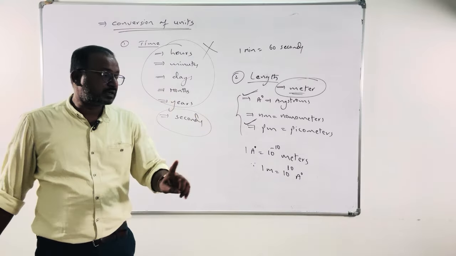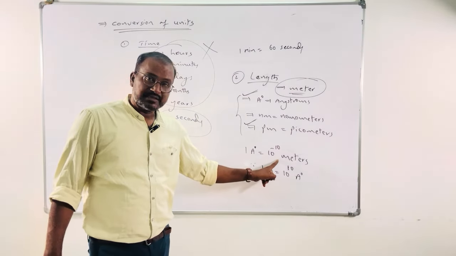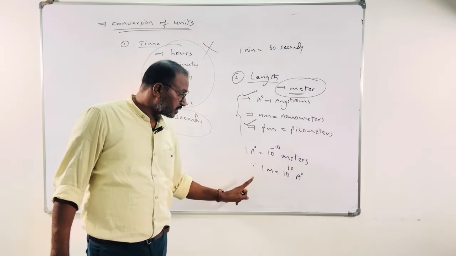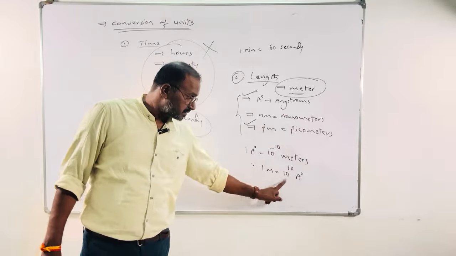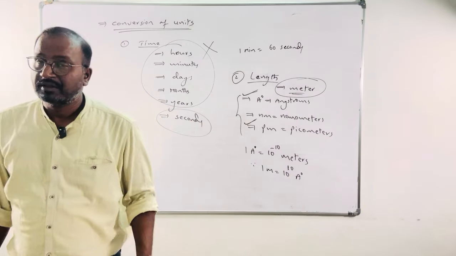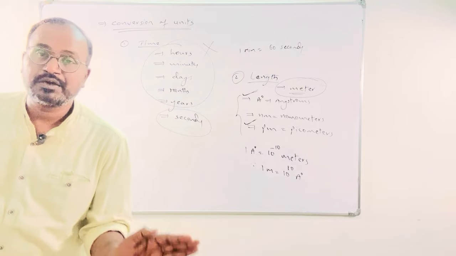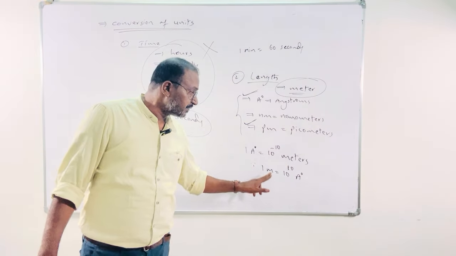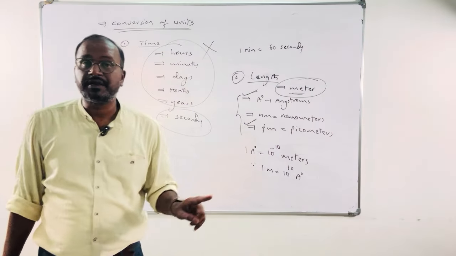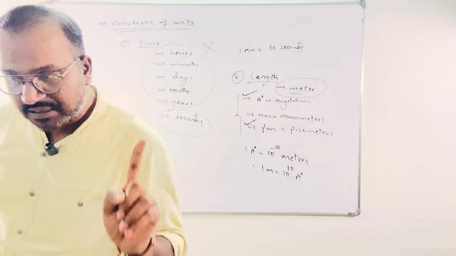If you want to convert angstroms into meters, this is the formula. If you want to convert meters into angstroms, this is the formula. Conversion of meters into angstroms is 10 power of 10. Conversion of angstroms into meters is 10 power of minus 10 meters.